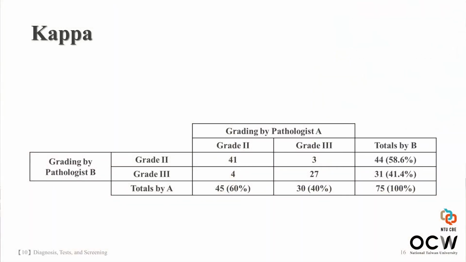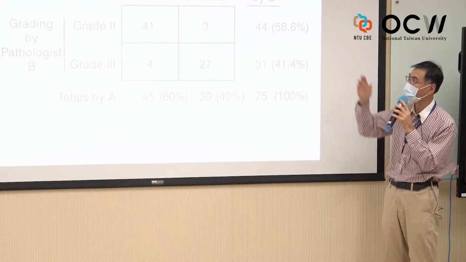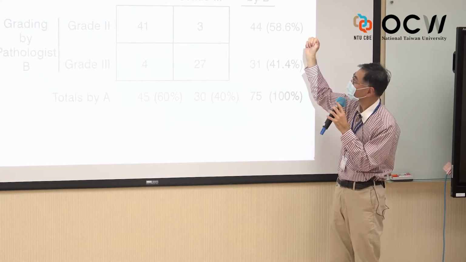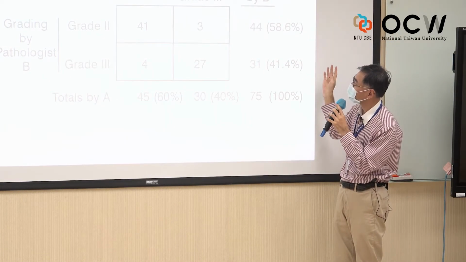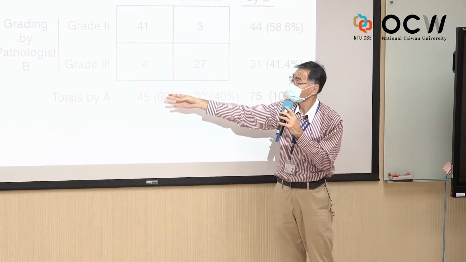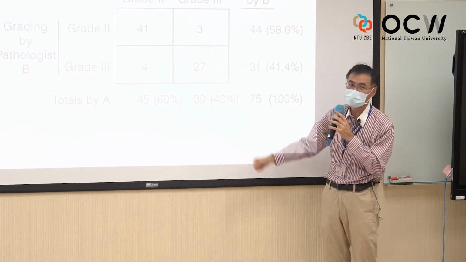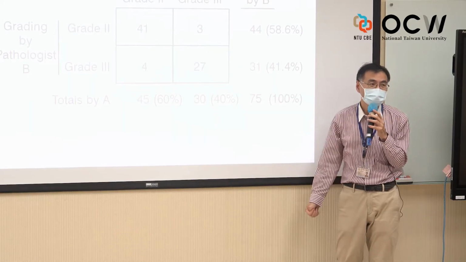Okay, so let's start with the real figures. Let's consider that we have a total of 75 people who experience the test or examination by two pathologists, pathologist A and pathologist B. Pathologist A identified that 45 people are grade 2, and the other 30 are grade 3 for the stage of cancer.